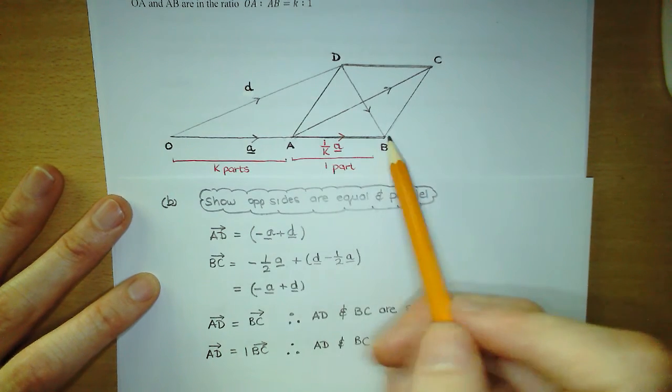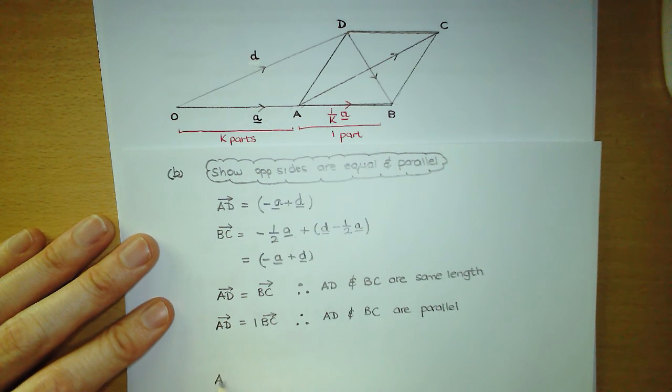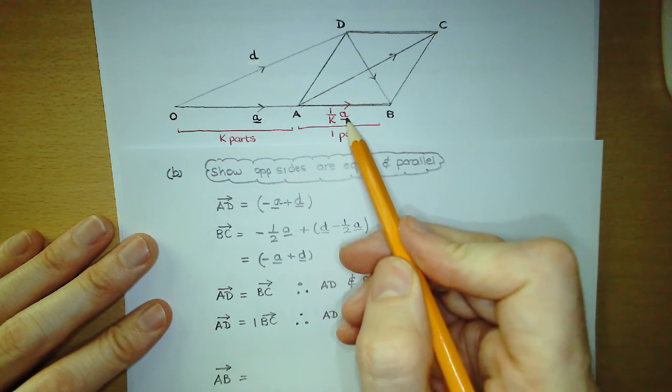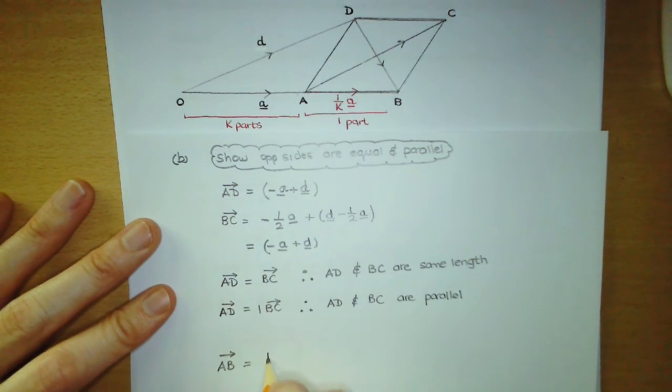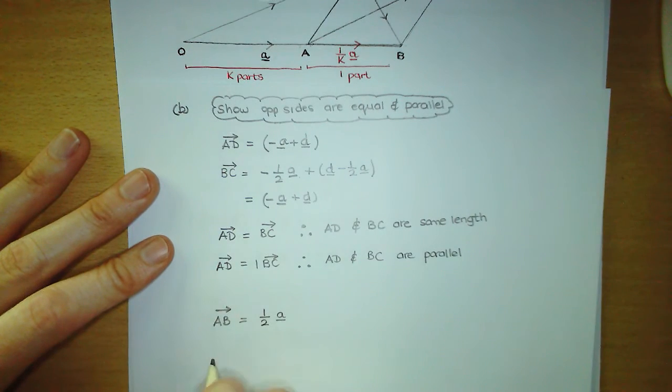So we're now going to do the same with the other two sides. We're going to do the same with AB and DC. So let's start with AB. Now, AB is 1 over k times A, and remember 1 over k is just a half, so that's just a half A. Easy. Let's work out DC now. So vector DC.